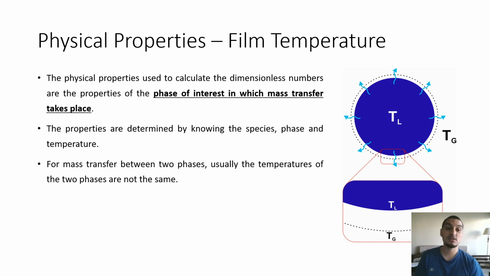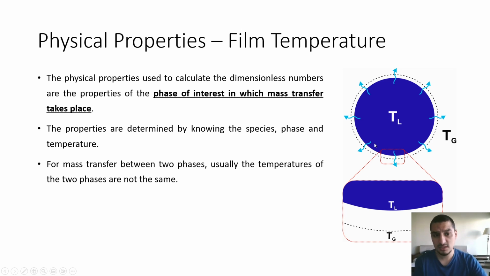And in this case, you have to tell which temperature you should use to calculate the physical properties. Again, this has to do with the theory that we use, which is the film theory. The film theory assumes that 99% of mass transfer takes place in a very thin film, which is this film between the gas phase and the liquid phase.